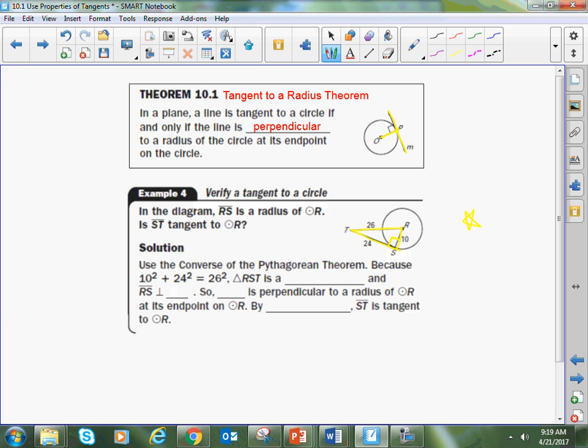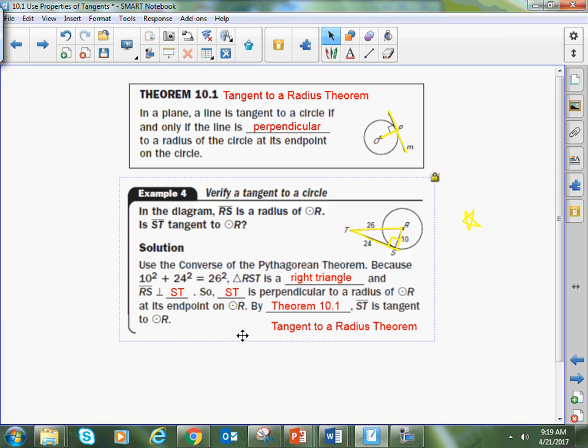So that's how we're going to use our Pythagorean theorem again here. If it's a right triangle, we will use the Pythagorean theorem to show that it works. In this case, 26 squared will equal the other two sides, 24 and 10 squared. And so in this case, we do have a right triangle. Therefore, I would say, yes, segment TS is tangent to the circle.